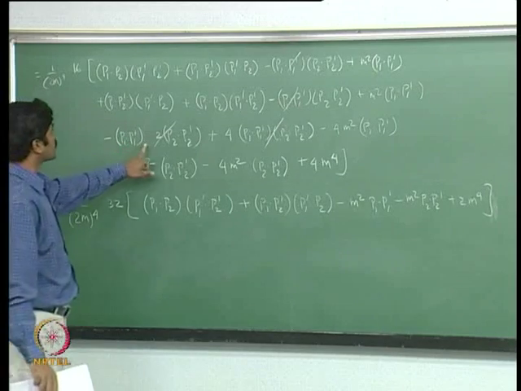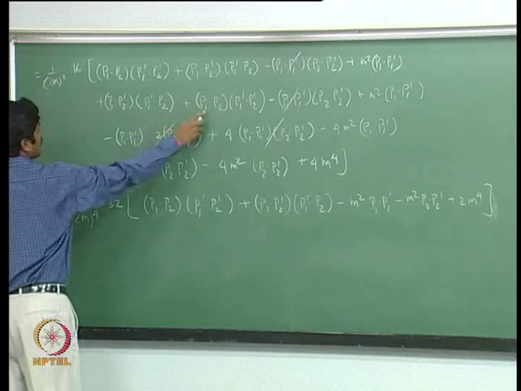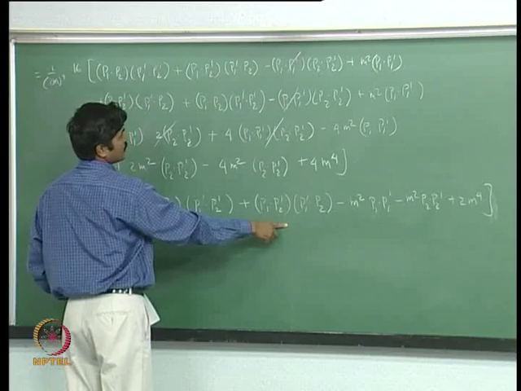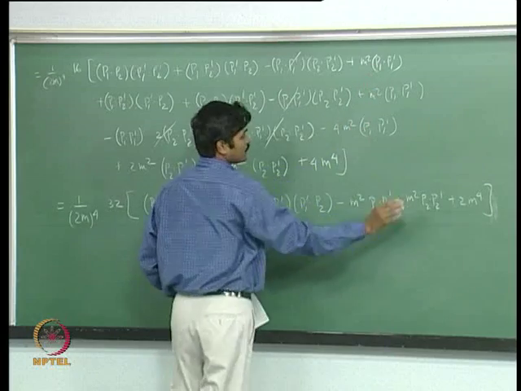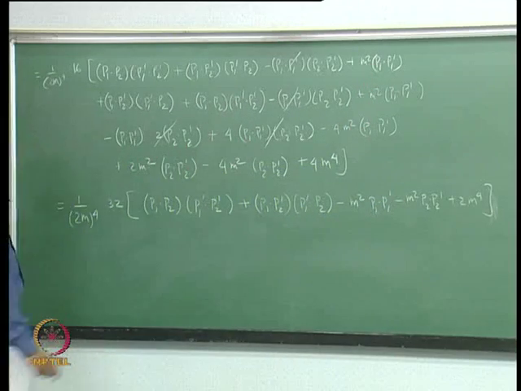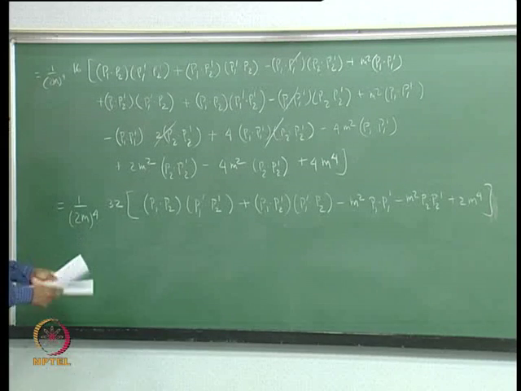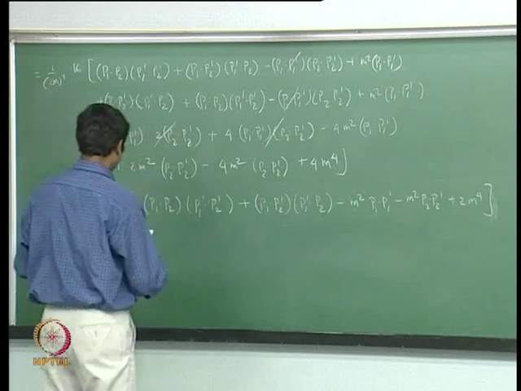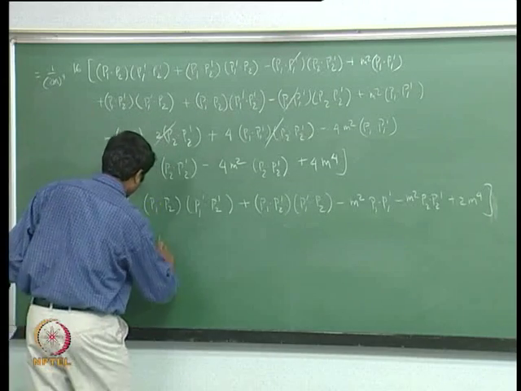So there is this factor of 2 here, there are 4 minus, and then they just cancel. So these two add to give you this, these two add to give you this, and then you have these two to give this, these 3. All right. So this is what you get for the trace.